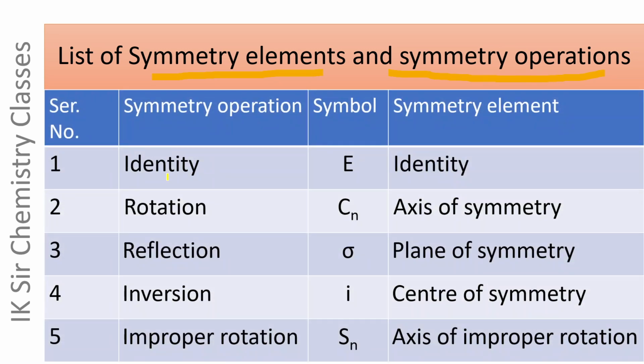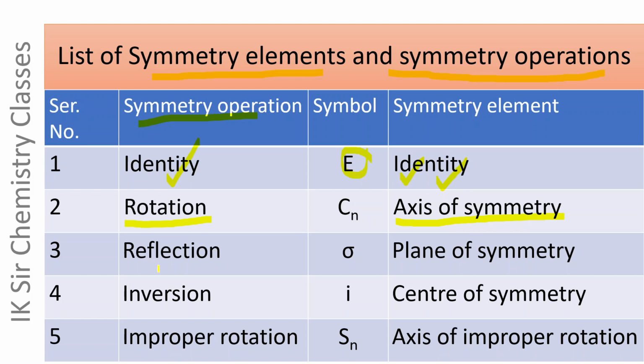The first symmetry operation is identity, and it is carried out about identity element of symmetry. Both identity operation and identity symmetry element are denoted by the symbol E. The second symmetry operation is proper rotation, which may also be called simply rotation, and it is carried out about axis of symmetry.